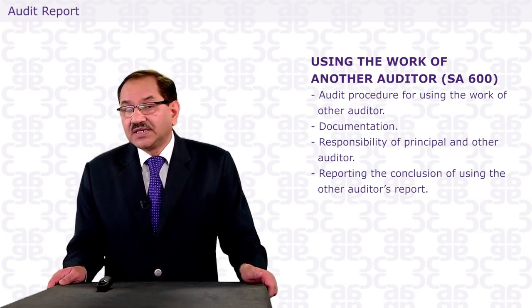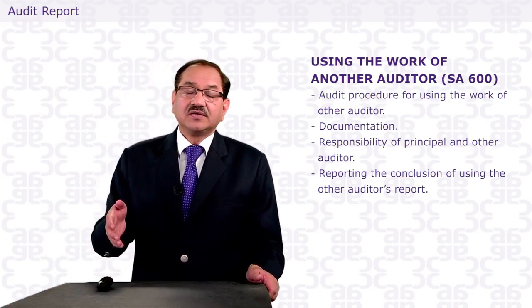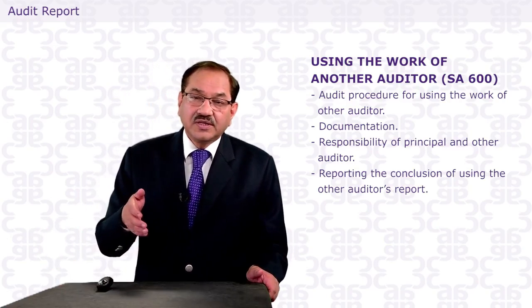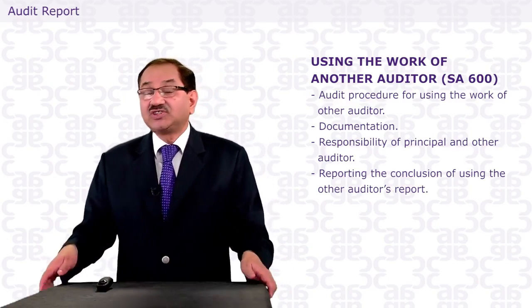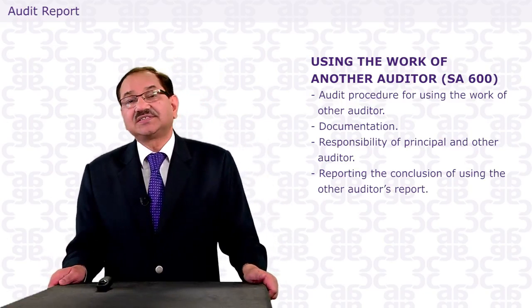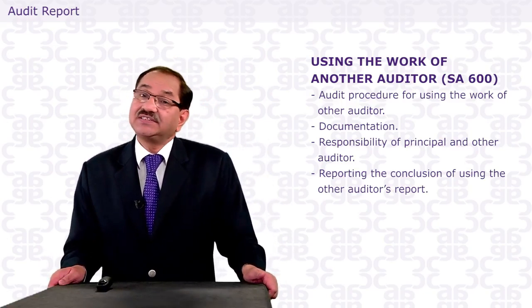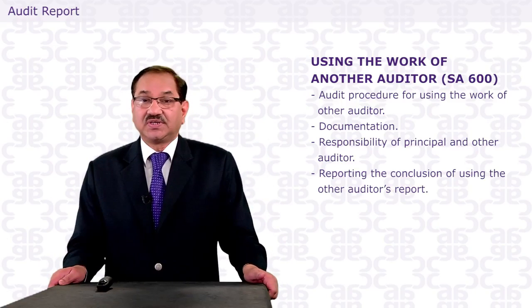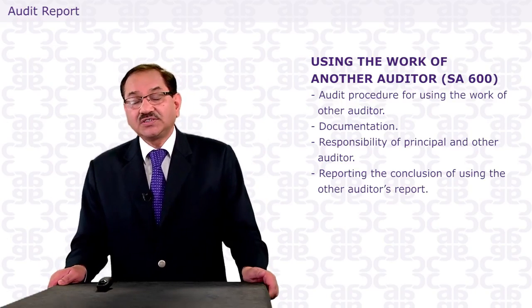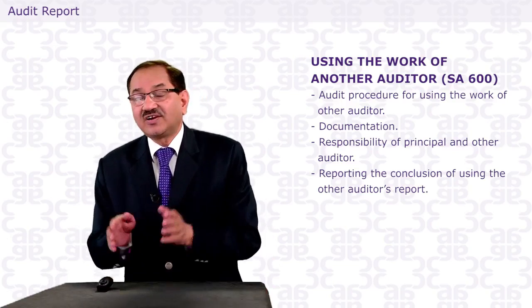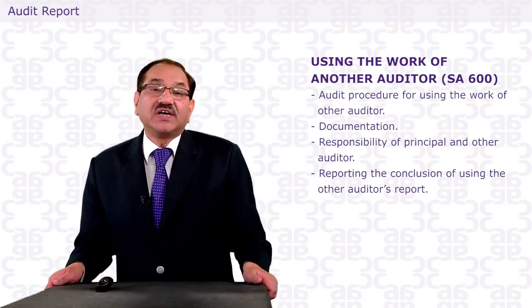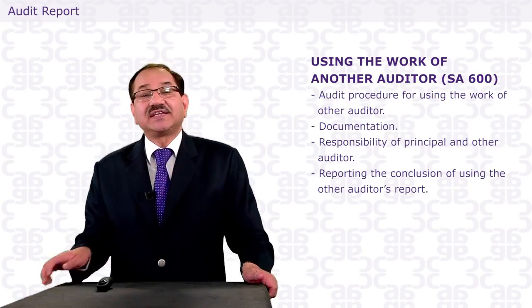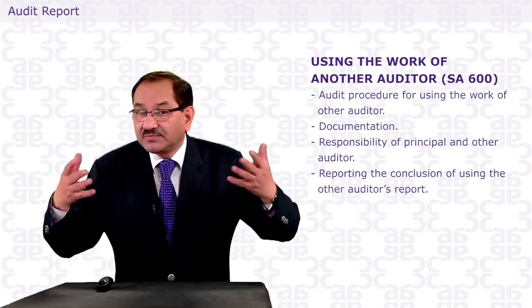But if there are certain defects, or the branch auditor has not performed his audit as per the auditing standards, to that extent he is responsible. He is responsible because the principal auditor has relied on his opinion, and before relying he has applied a due diligence process as prescribed in SA 600 while using the branch auditor's report.